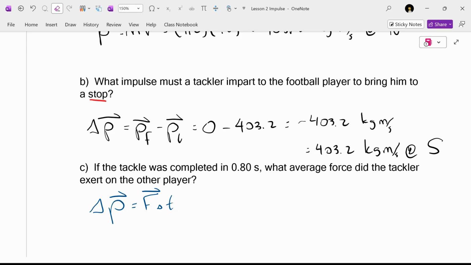So, one line. The force is going to be my answer button divided by how much time did they give me in this question, Lachlan?